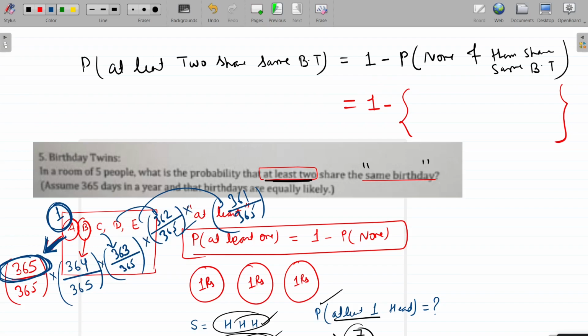So the probability that none of them have the same birthday is 365 upon 365 for A, 364 upon 365 for the next, 363 upon 365, 362 upon 365, and the last 361 upon 365. Just calculate this and you will get your answer. Have you understood it or not?